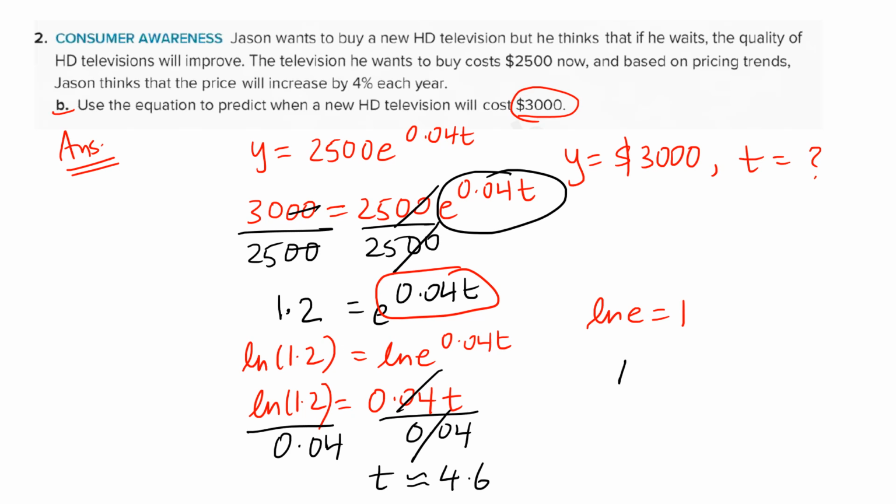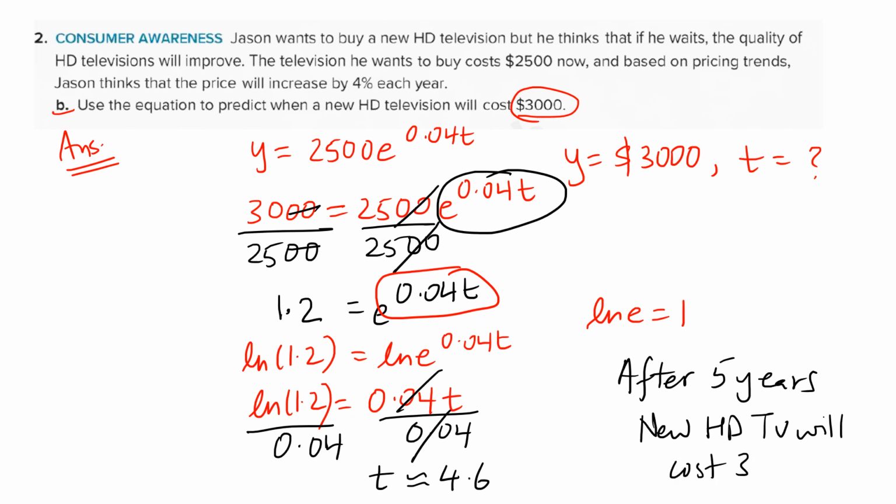So we can say after 5 years, the new HD television will cost $3,000. That completes this question. Moving on, let's go to the next free response question and see how we solve it.